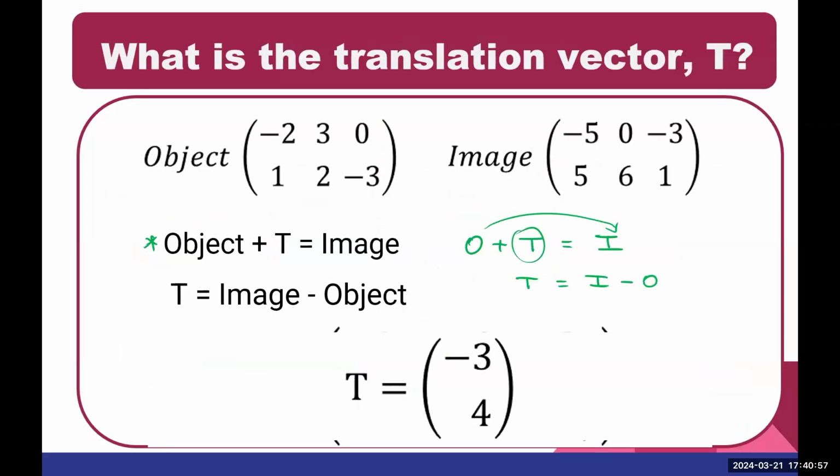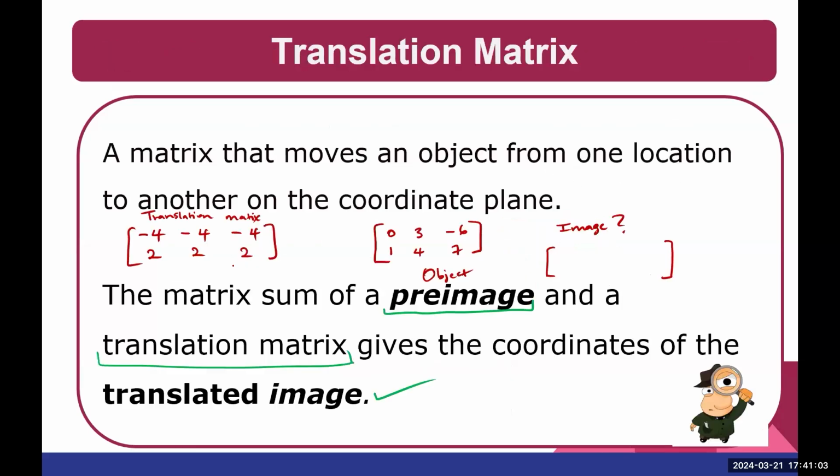So remember, in order to get the image, all we need to do is add the object plus the translation vector, or translation matrix in this case, to get the new image. So what would that be if we're just adding? -4, -1, and -10 down here. 3, 3. 6 and 9.